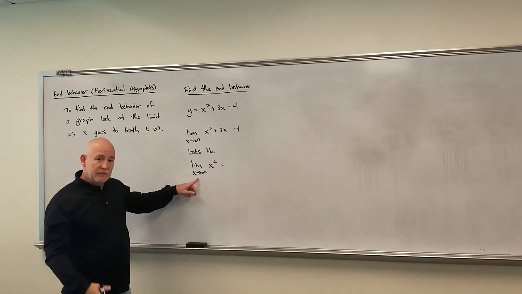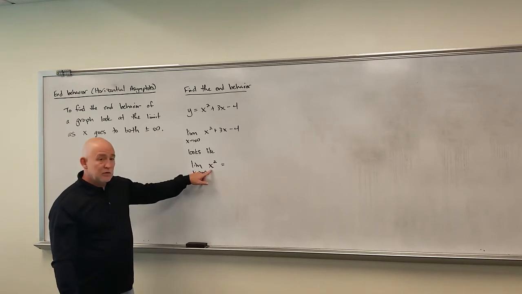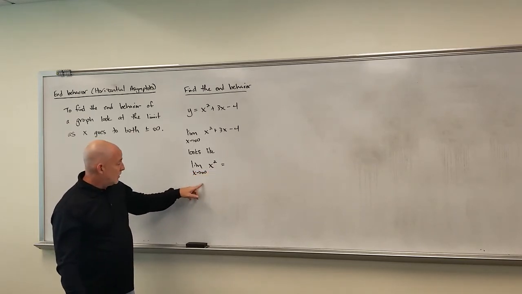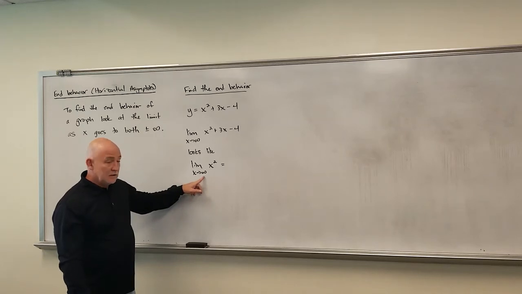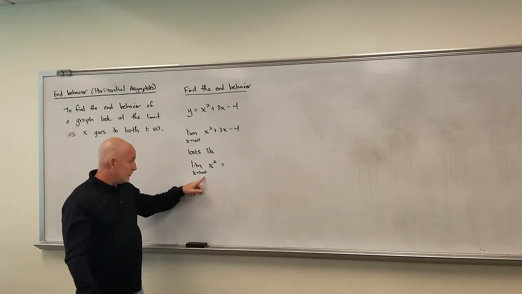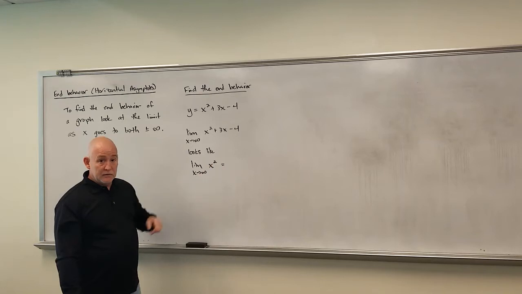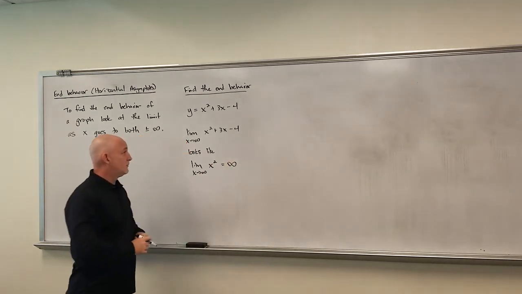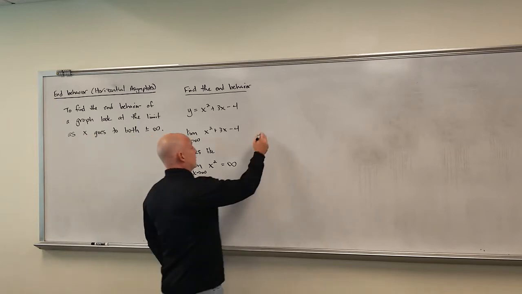Now mentally picture what's happening. Infinity squared, of course, is going to be infinity. Is it positive or negative? As we head out towards infinity, we're heading towards positive numbers. Positive numbers squared are still positive numbers, so this heads out to positive infinity. I'm going to move our second question over here.